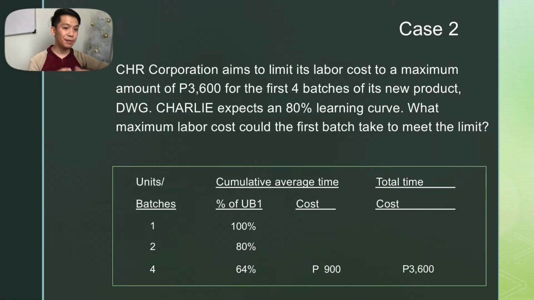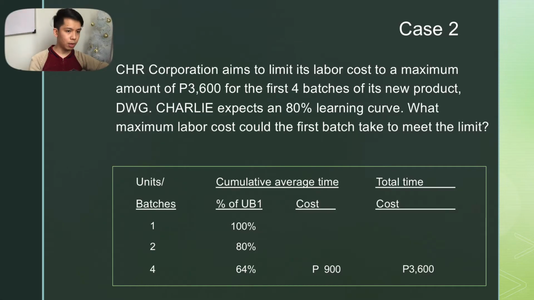Again, it doesn't mean, however, that we would be discouraged if the first unit has consumed more than 900 pesos. Why? There is room for learning, a room for improvement. So it doesn't matter when the 900 pesos is not met or was exceeded in producing the first unit.